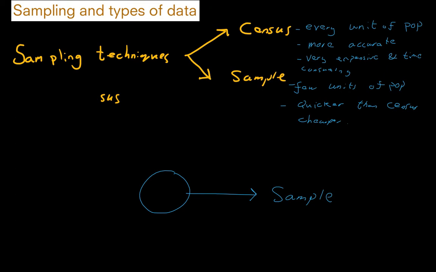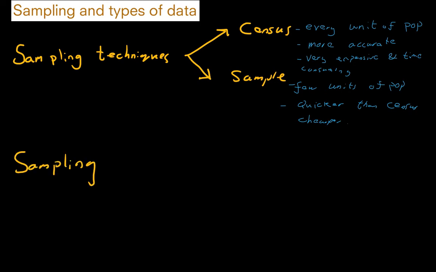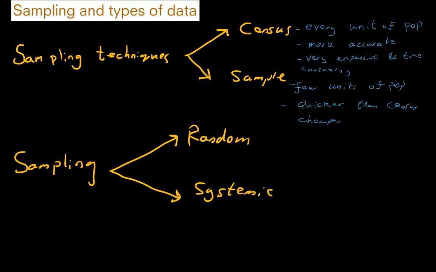Okay, so what are the types of sampling we can use? Okay, so let's list them. Okay, so you need to know these. Okay, there is a random sample. There's a systematic, and there is stratified.